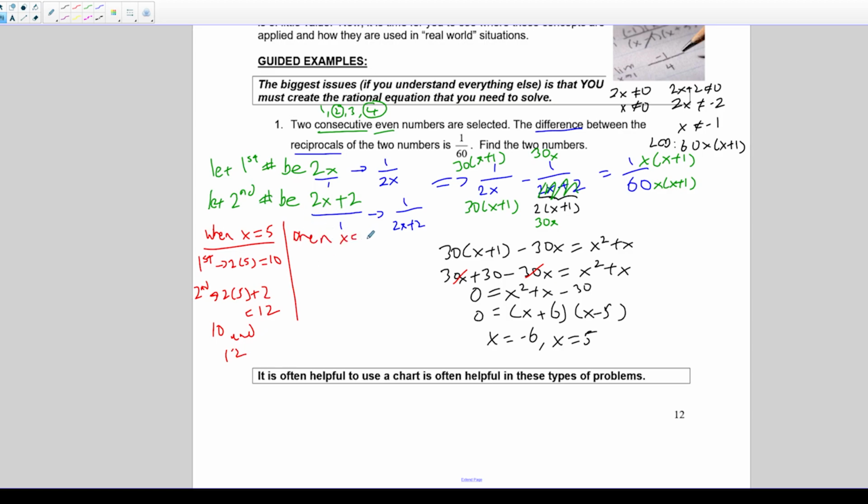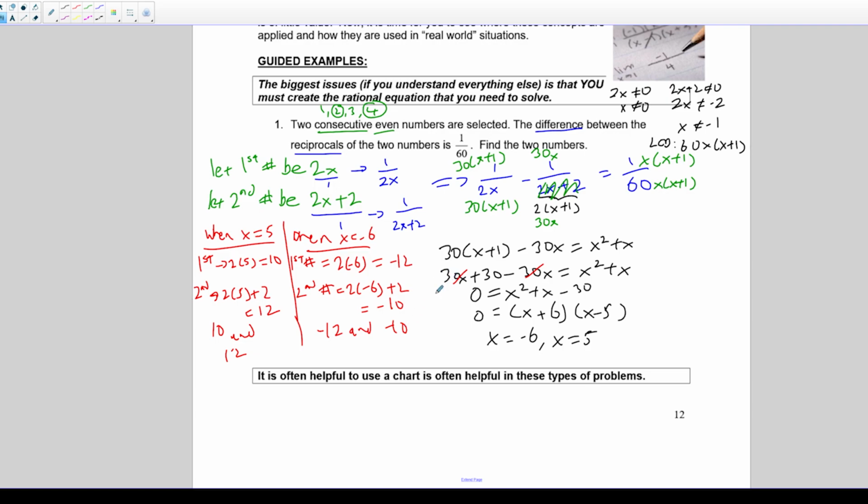When x is equal to negative 6, look at what happens here. Your first number is equal to 2 times negative 6, which is negative 12. And your second number is equal to 2 times negative 6 plus 2, which is equal to negative 10.